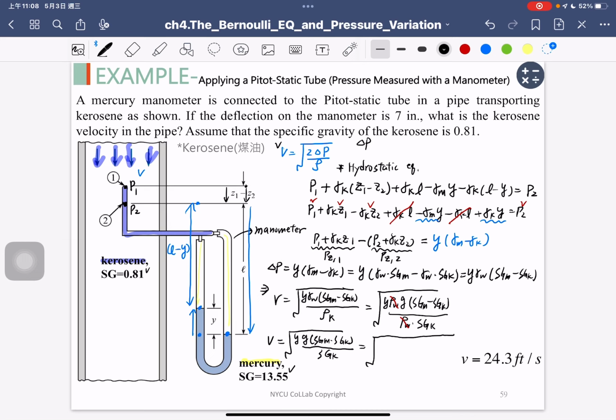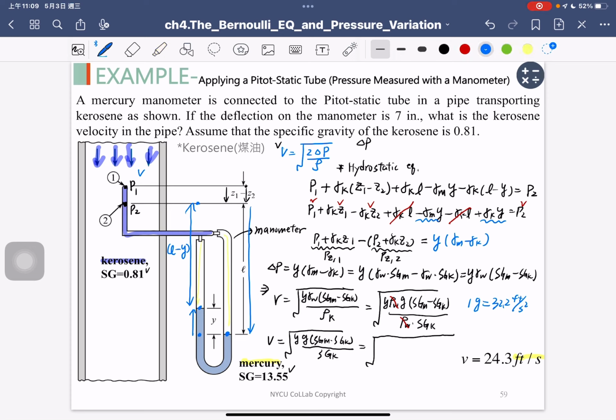And maybe you already forgot, the gravity g is equal to 32.2 ft per second squared. That's because we need to use the imperial unit, since the final answer is in ft per second. So we put in all the parameters we have.